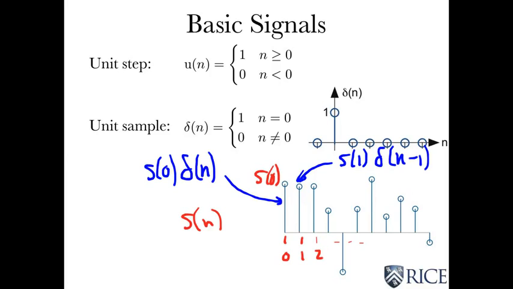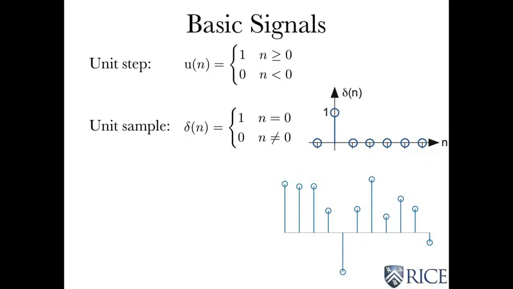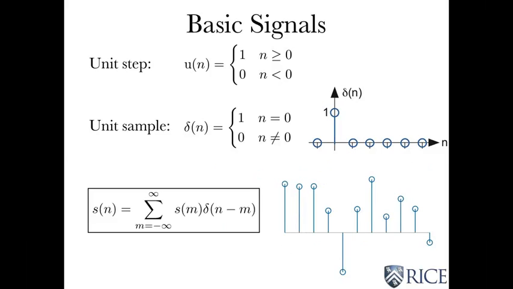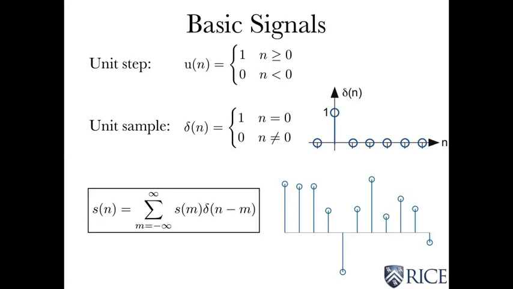Because this signal is a delayed version of that, and it's delayed by 1 unit, etc. This is s of 2, s of 3, s of 4, s of 5, etc. This is s of 5 down here. So what we get is a somewhat confusing but very important formula: any signal can be expressed as a superposition of unit samples.